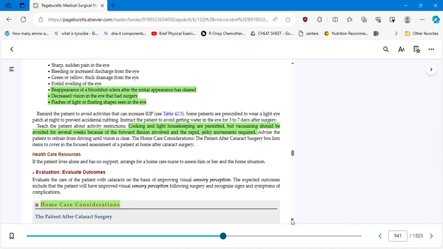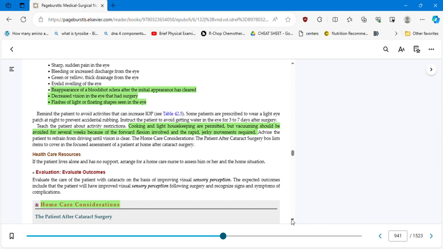Especially the people in my class who were more than 40 years old, and they were ruling out cataracts. So if you are exposed to the light of your computer without protection, okay, you are not wearing glasses and you are forcing your vision, this is what's going to happen.